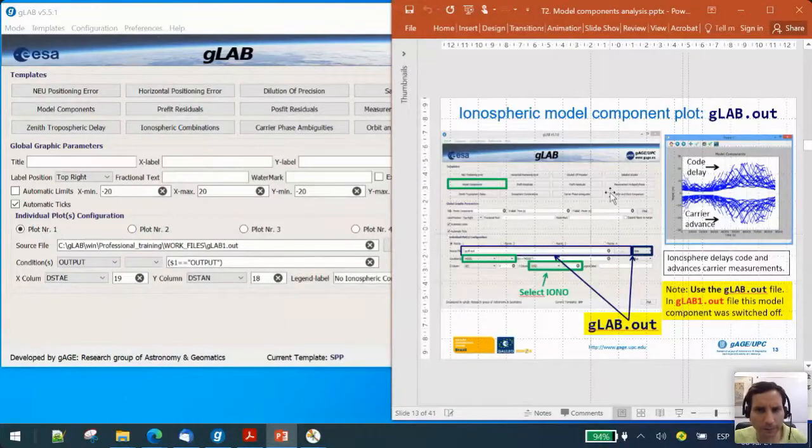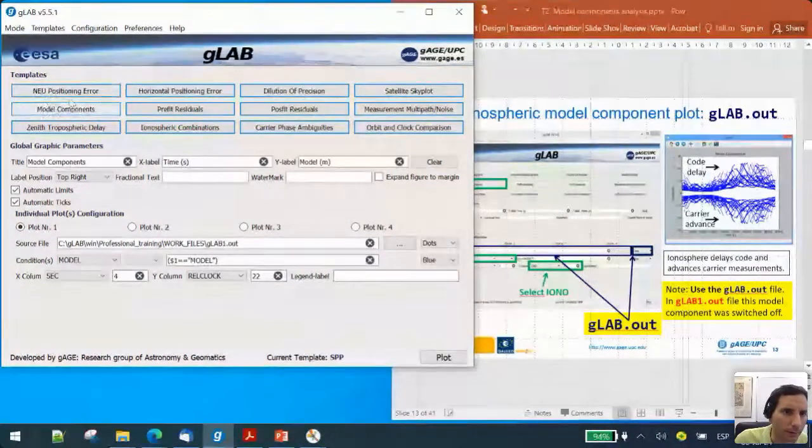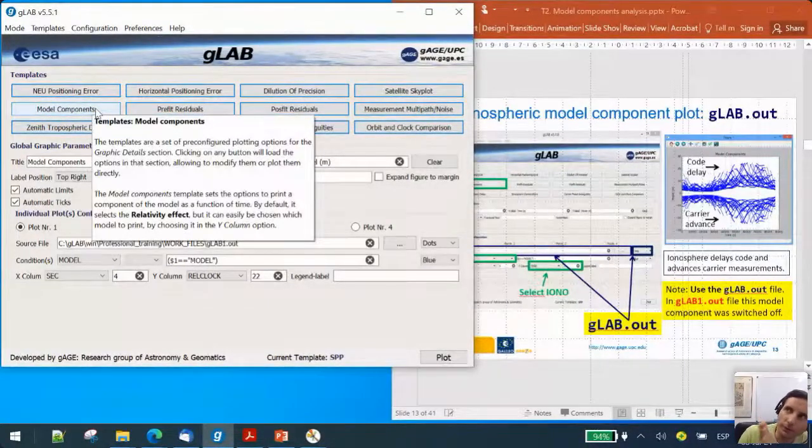In order to add a little bit of light, we can plot the ionospheric content. We can plot the model term of the ionosphere. The ionospheric content is the ionosphere that was present that day. Here we don't have the tools to plot it.